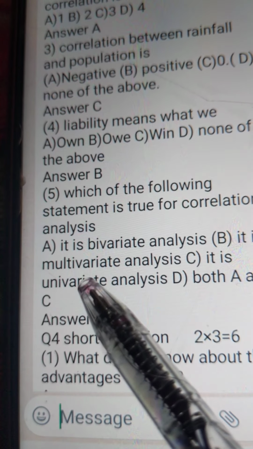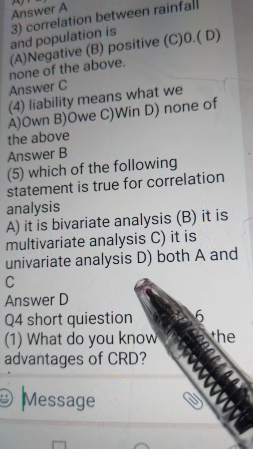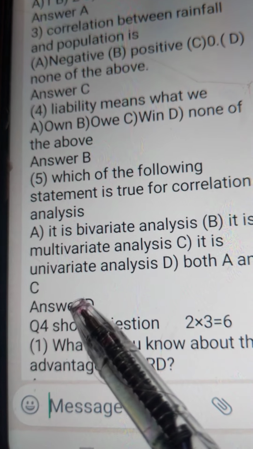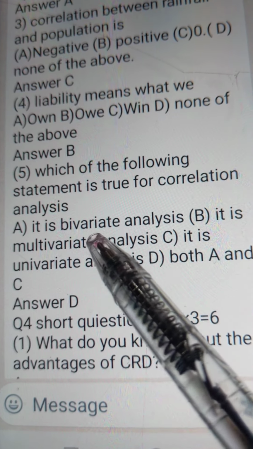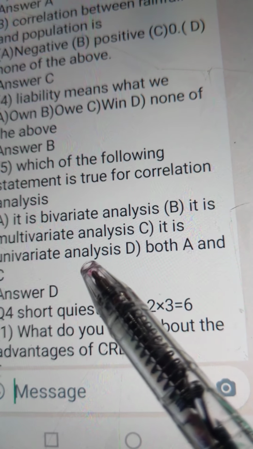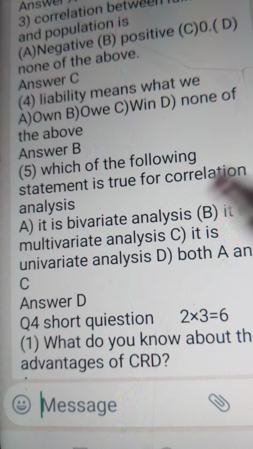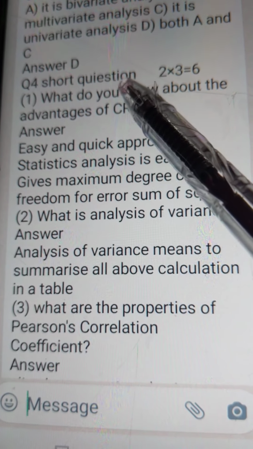B, it is trivariate analysis. C, it is univariate analysis. D, both A and C. Answer D, both A and C.